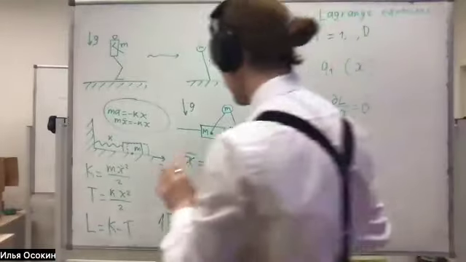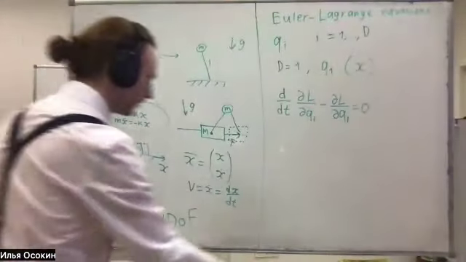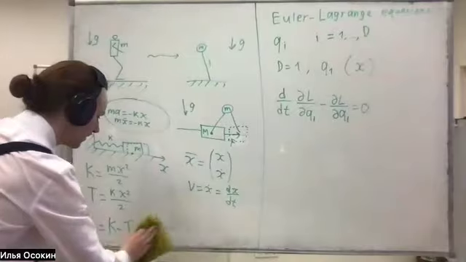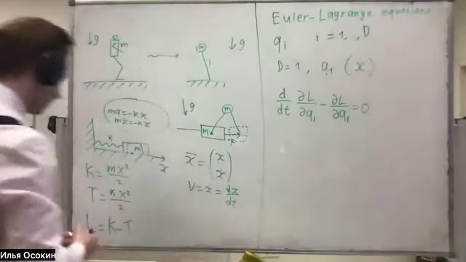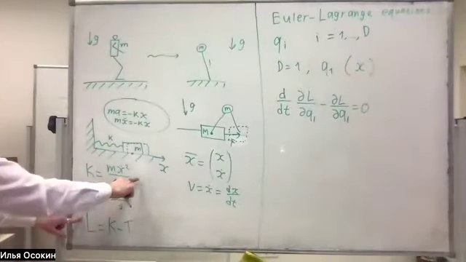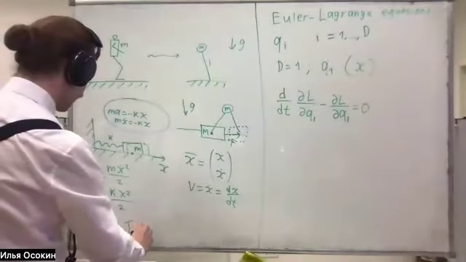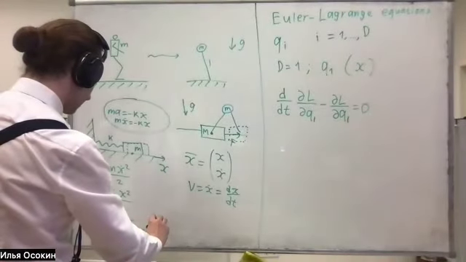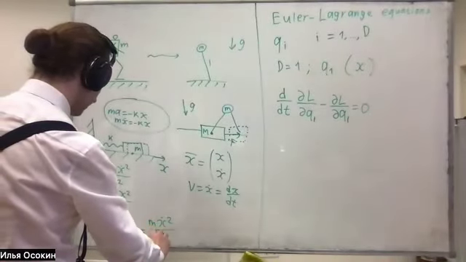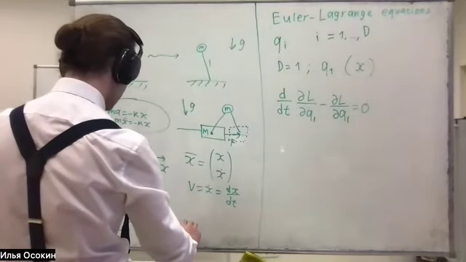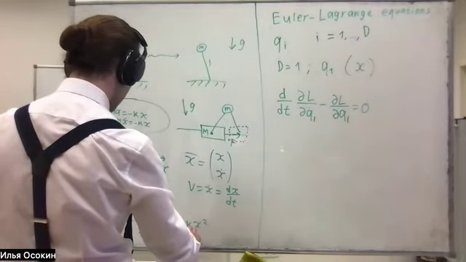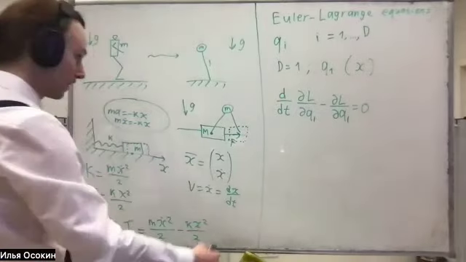So let's do that. I'm going to write down the Lagrangian just directly. So it's m x dot squared over 2 minus k x squared over 2.